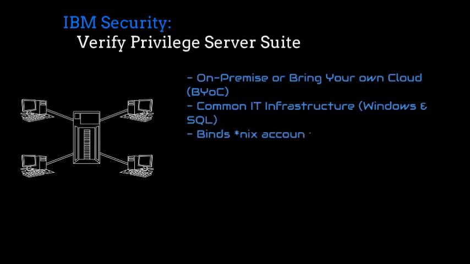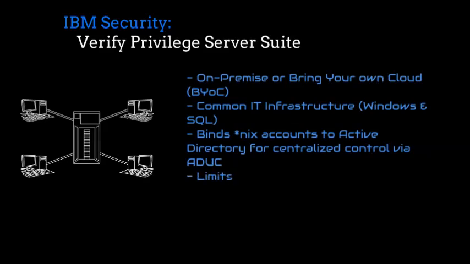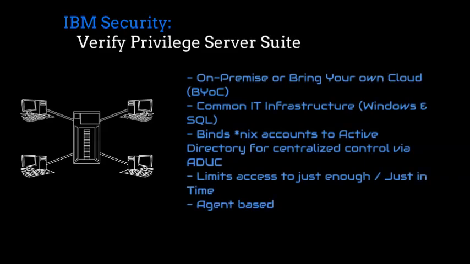Verify Privilege Server Suite is a Windows-based application that connects to that SQL database to establish the capability to bind local NIX accounts to Active Directory so that organizations can handle things like provisioning and even some limited group policy objects centrally to their Unix and Linux environments.